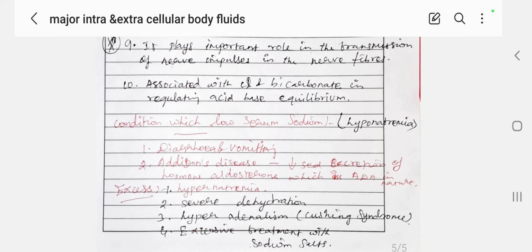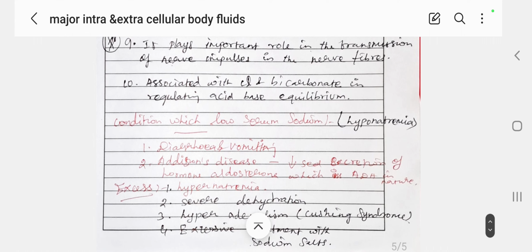In the case of hypernatremia, the causes are severe dehydration, hyperadrenalism such as Cushing syndrome, and excess treatment with sodium salt.